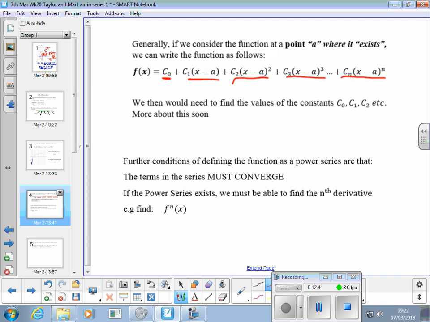The key values are all those constants, c0, c1, c2, etc. More about that soon. Further conditions of defining this function as a power series are, as I've already said, that the terms in the series must converge. Also, if the power series exists, we must be able to find the nth derivative. If we can't do that, it doesn't work.